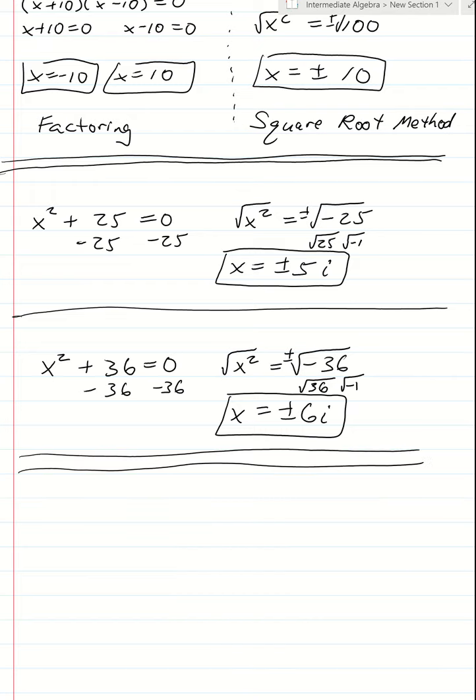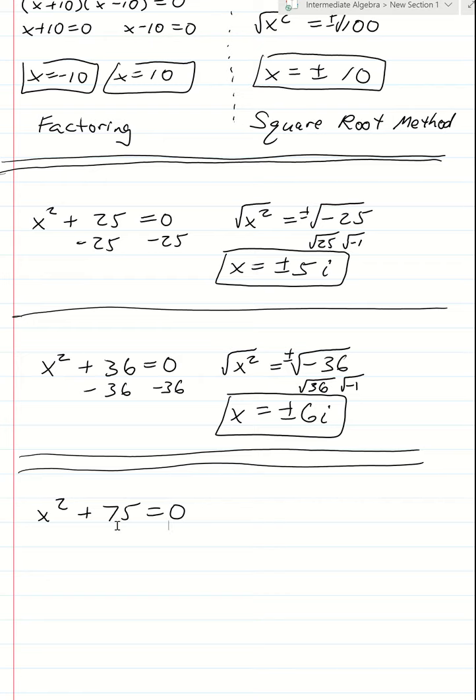Let's try another. One that's a bit more complicated. Let's say we had x squared plus the number 75 equals 0. We want to solve this quadratic equation.